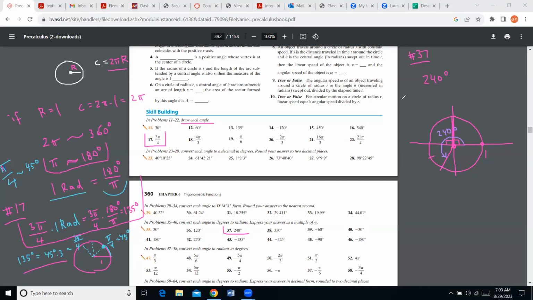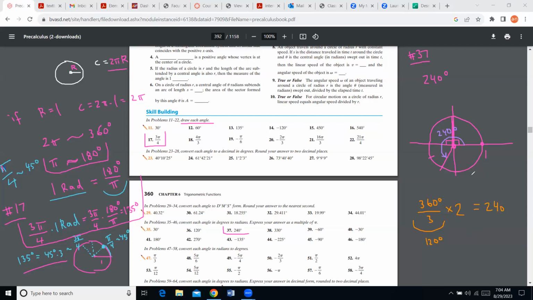Well, it turns out that I can also imagine a full rotation, which is 360, that I break into 3 pieces. So we get 120, right? And if I take 120 degrees twice, that'll be 240, right?